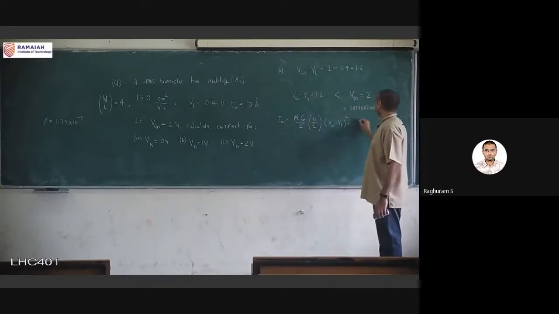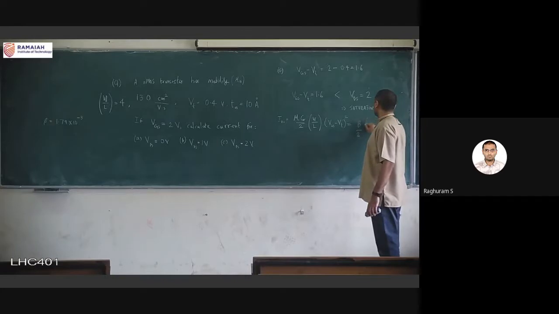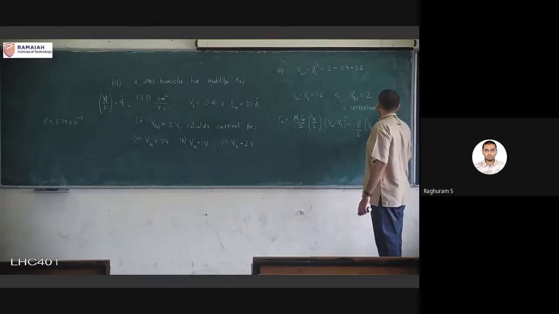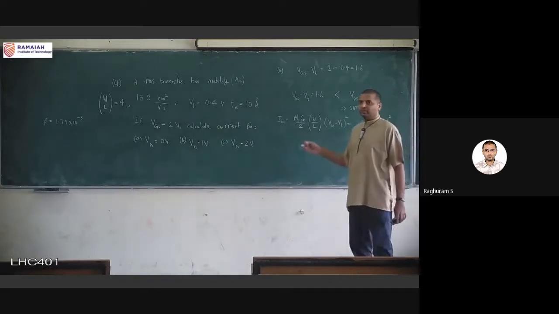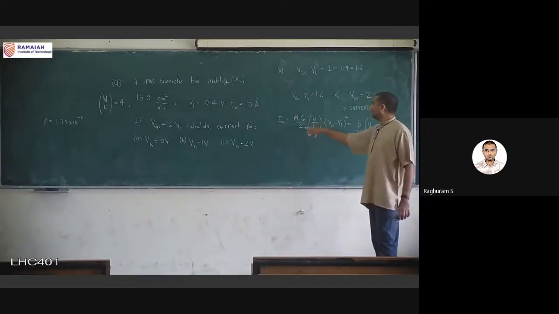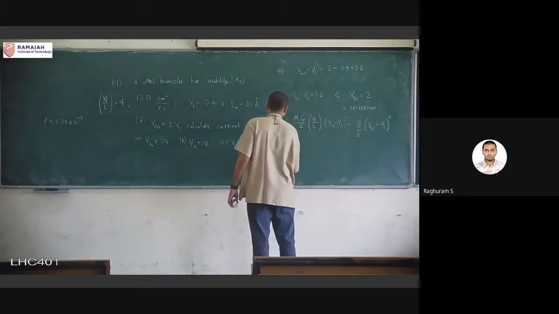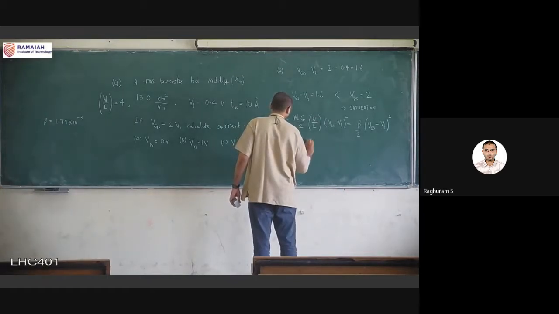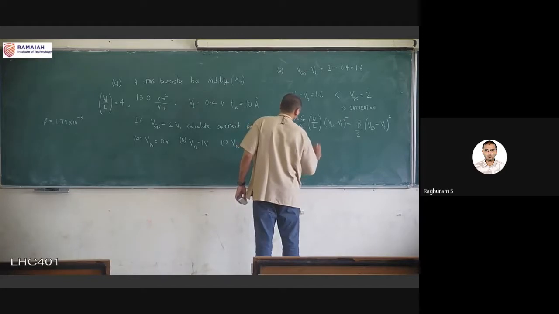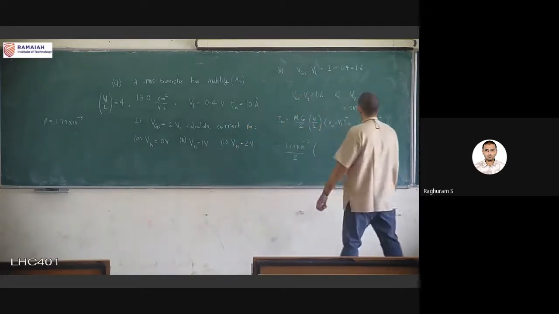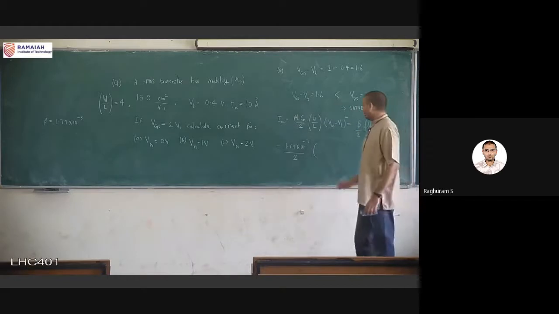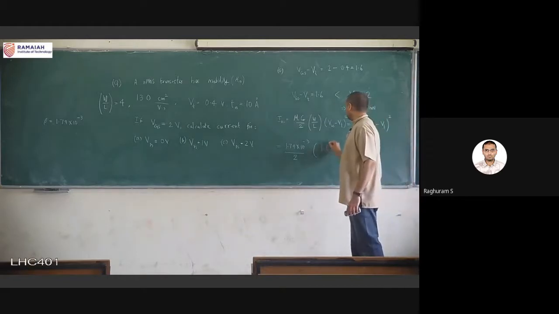So this is equal to beta by 2 into, why by 2? Because I have mu n Cox W by L by 2 here. So I can directly reuse that number, equal to 1.79 into 10 power minus 3 by 2 into VGS minus VT, I have the number 1.6, the whole square.